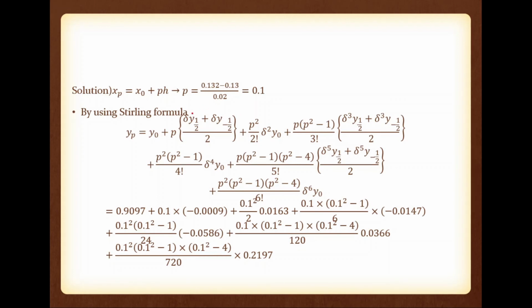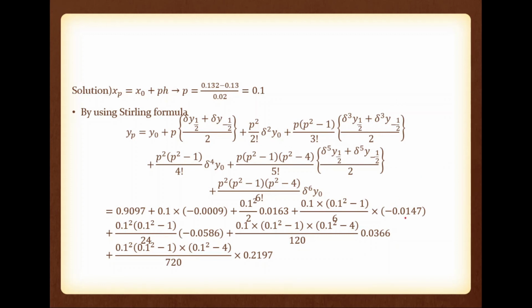So the average of theta y 1 by 2 plus theta y minus 1 by 2 is minus 0.0001, plus p square, that is 0.1 square, divided by 2 factorial, that is 2, into theta square y0, which is 0.0163, plus p into p square minus 1 divided by 3 factorial, 3 factorial is 6, into the average of theta cube y 1 by 2 plus theta cube y minus 1 by 2.